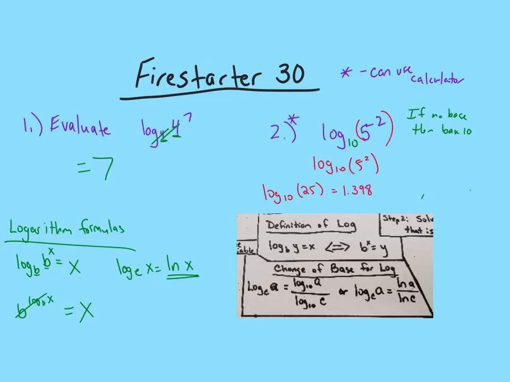Now there's another interesting formula that helps us here. Since this 2, another thing that you could do is you could take this 2 and move it out front. That sometimes is really helpful. So there is a formula that looks like this that says if I have log, doesn't matter the base, of x to the y, I can take that little y, I can move it out front.